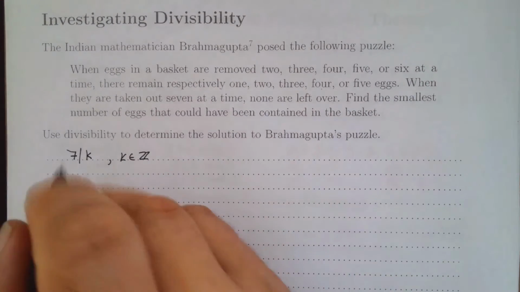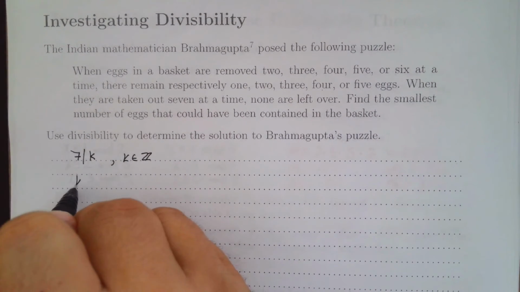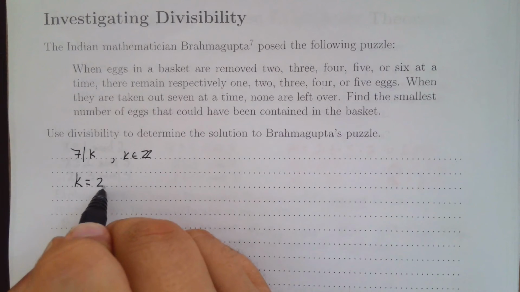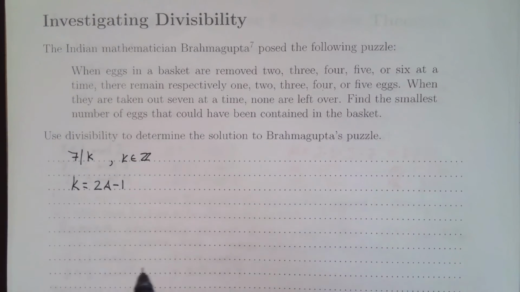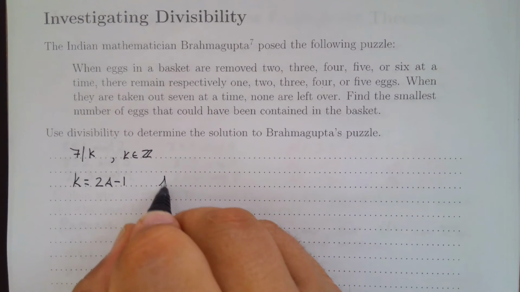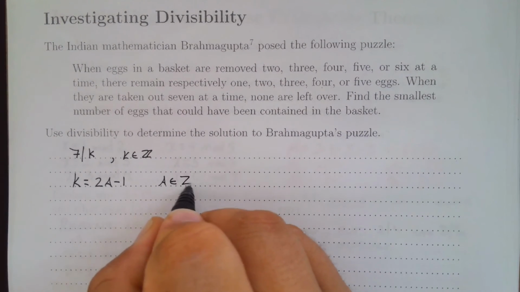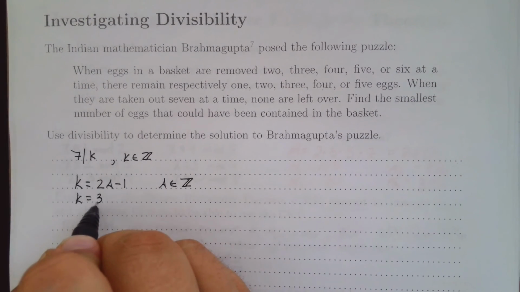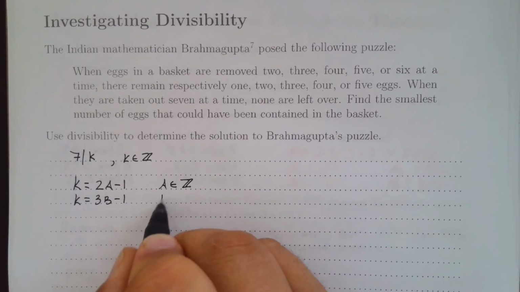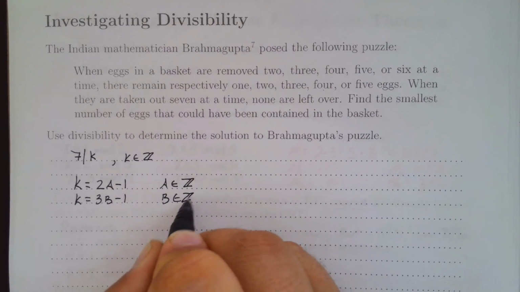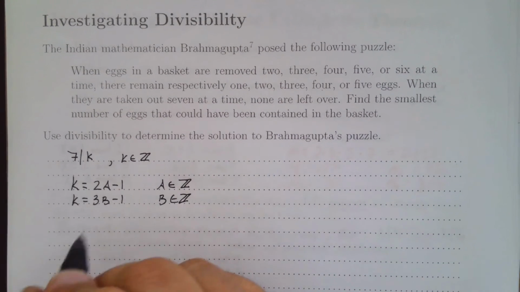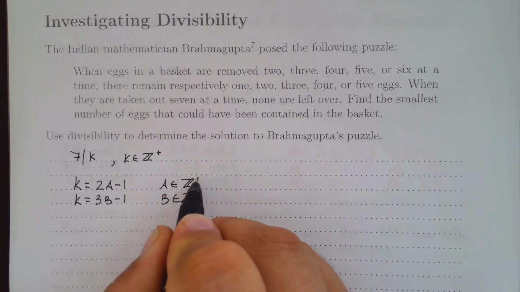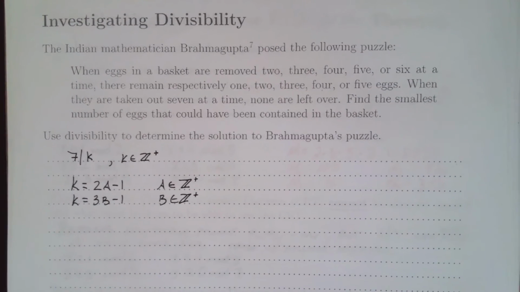Okay, well, I could say that k would have to be equal to 2a minus 1, where a is some integer, but k would also have to be equal to 3b minus 1, where b is some integer. And technically we want these to be positive, so we're going to go ahead and put these up here to be positive.